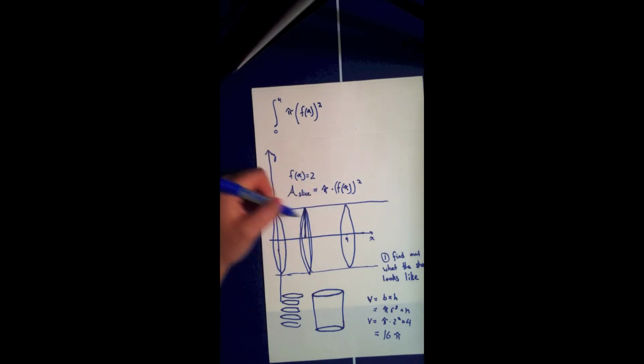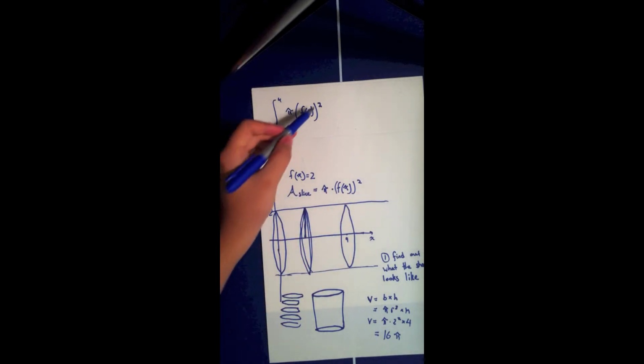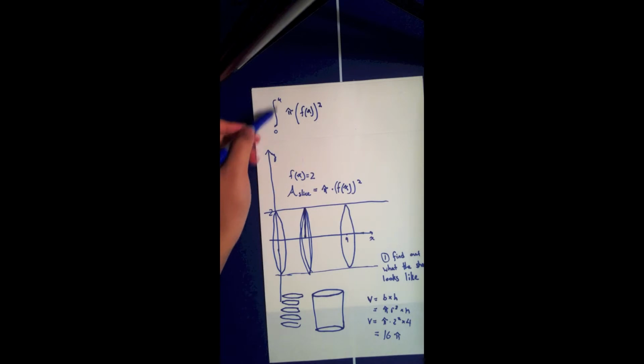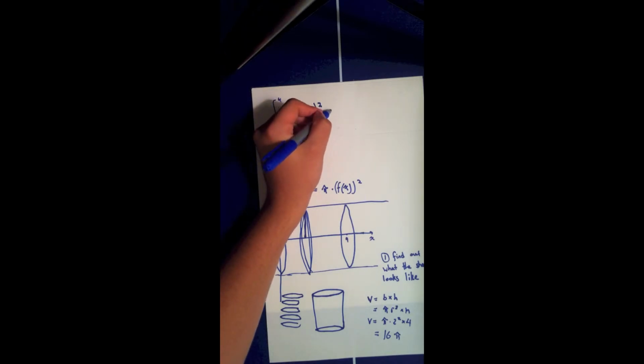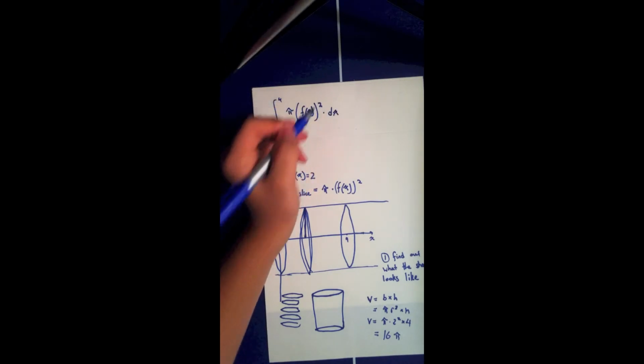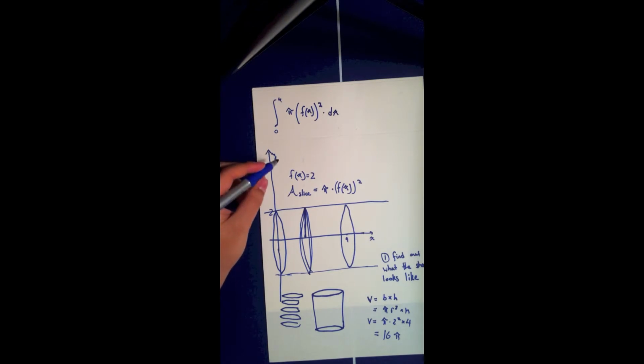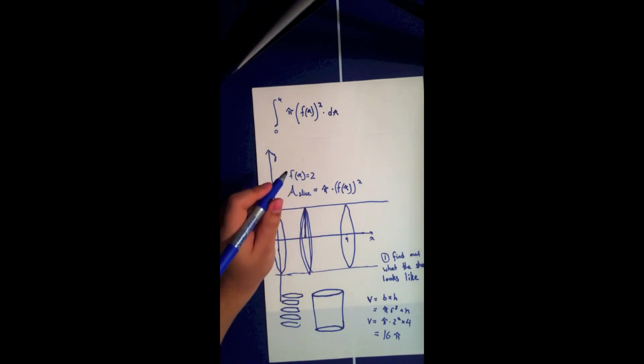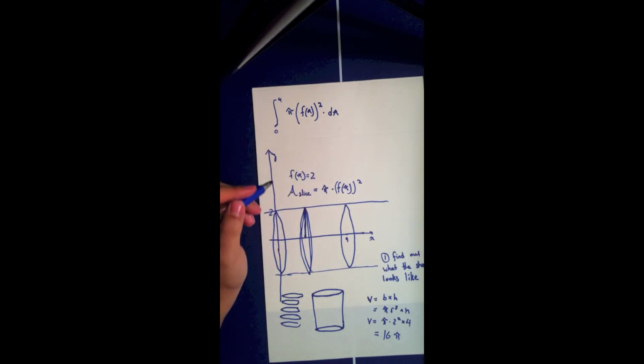That's the same thing as finding the area of the base and multiplying it by the height between 0 and 4. It's also important to write dx, because all the changes are with respect to x. The function is defined in terms of x.